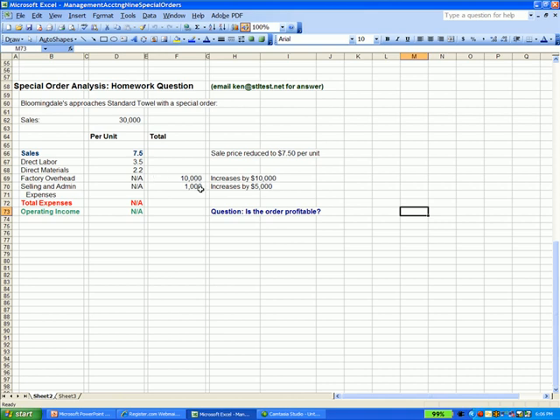The factory overhead and the selling and administration will increase. I've got a typo here by 5,000 on the bottom one here. Let me fix that. So make sure you pick that up when you work this question. And the question is, would this order be profitable in this scenario? That's the question I have for you, and you can email me again at this email address to find out the answer.